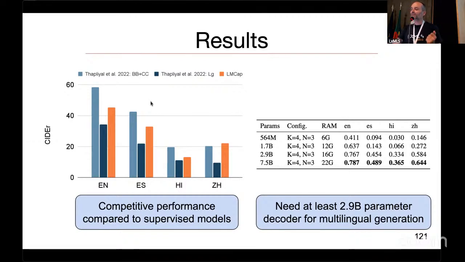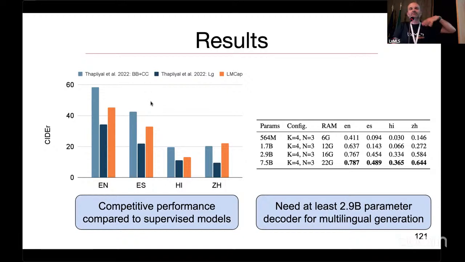And one thing that we found when we were experimenting with this is that you need a certain model size for this to even work. So if you look at the columns for Spanish, for Hindi, and also for simple Mandarin Chinese, there's a really big gap when you go from 500 million to 1 billion to 2.9 billion parameters.